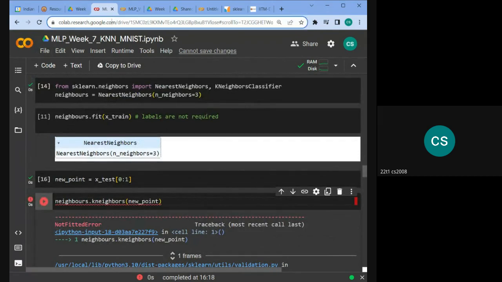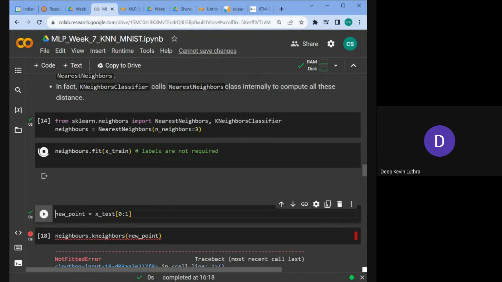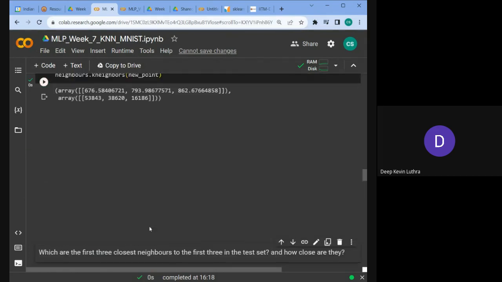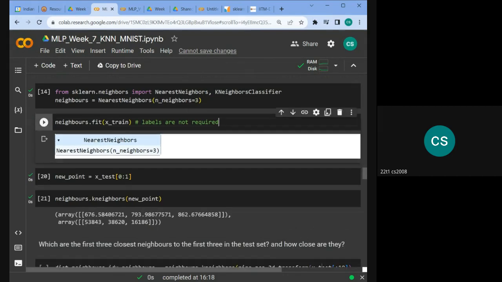Sir, have you done cell 11? Can you run that and then run the 18? Yeah, sorry, I didn't fit it, and now it's okay.